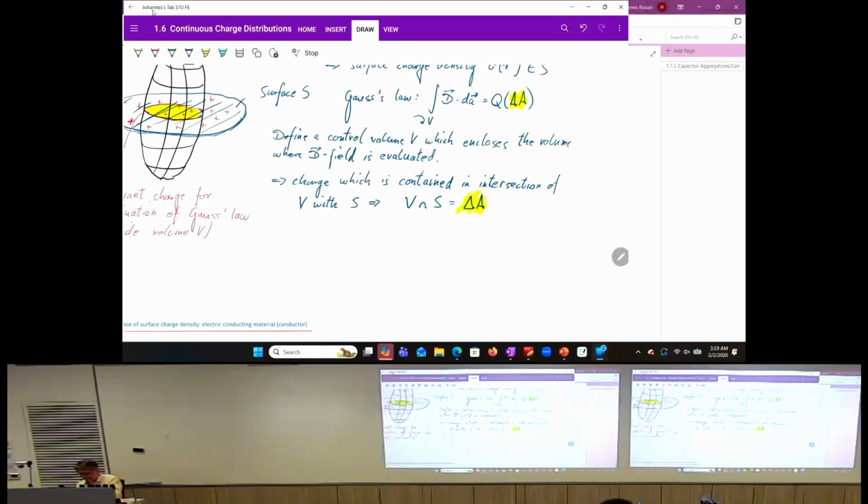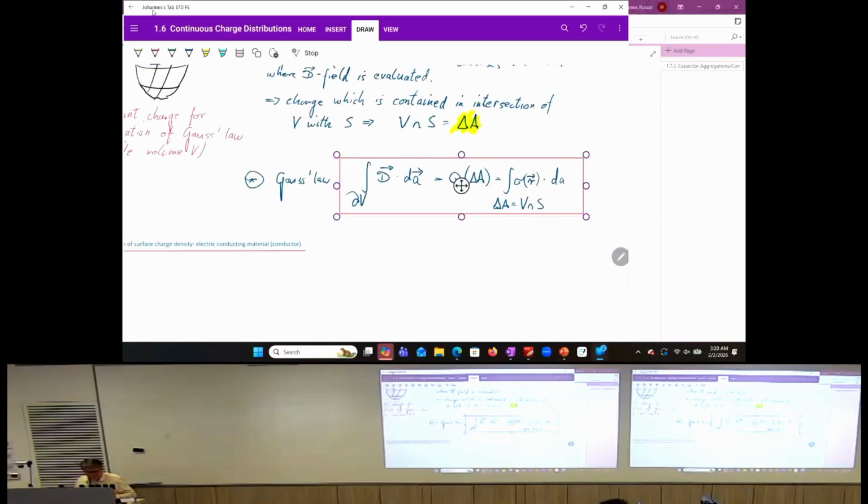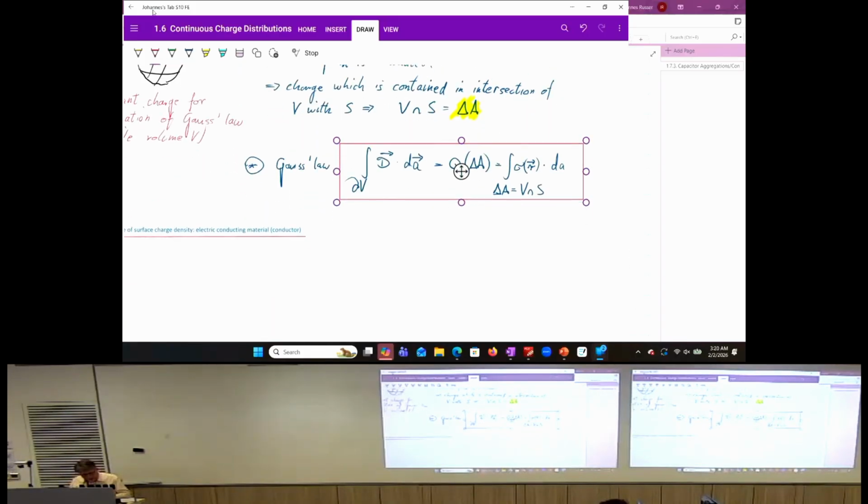So basically what you get here is Gauss's law. On the left-hand side, you get a flux integral. You see that this flux integral requires that this is a vector quantity. This here is also a vector quantity, the D. While on the other hand, you have here a surface integral, and your sigma here, and also the surface element, these are basically scalar quantities.